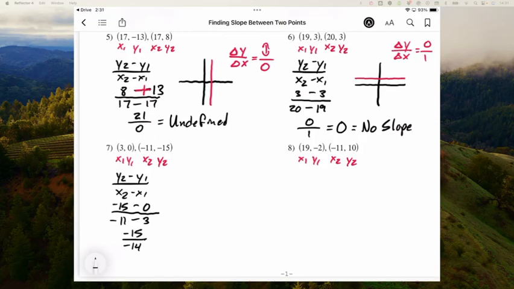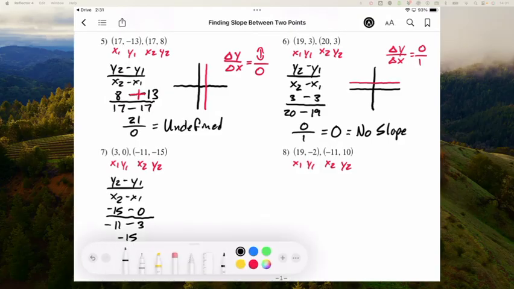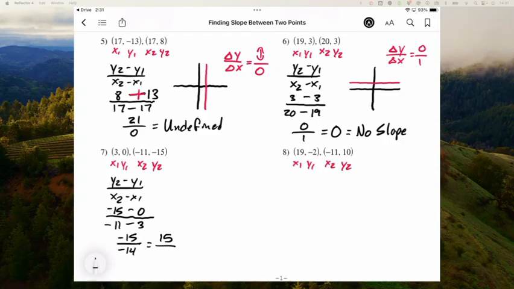Again, we have an instance where you have a negative divided by a negative, which is going to be equal to positive. And again, the reason why that works is we can consider that to be negative 1 times 15 over negative 1 times 14. And the negative 1 divided by negative 1 would make positive 1. So that's going to be the same thing as 15 over 14.